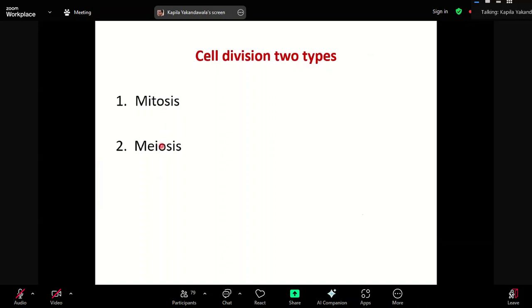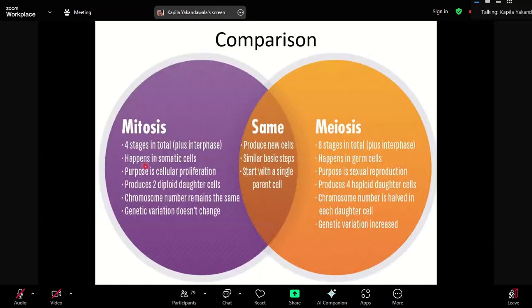So cell division is of 2 types: mitosis, anunana vibhajanaya, and meiosis, unana vibhajanaya. If you compare, mitosis has only 4 stages. Meiosis, 8 stages. Mitosis happens in somatic cells, meaning cells of the body, in the face, in a stem, plant leaf elongation, production of flowers, fruit enlargement, somatic cells. Meiosis happens in germ cells. Mitosis's purpose is cellular proliferation, producing a large number of cells.